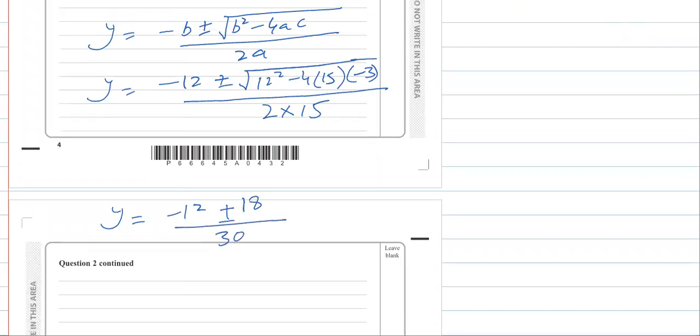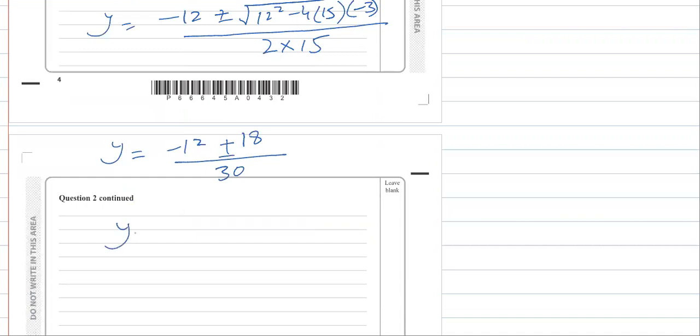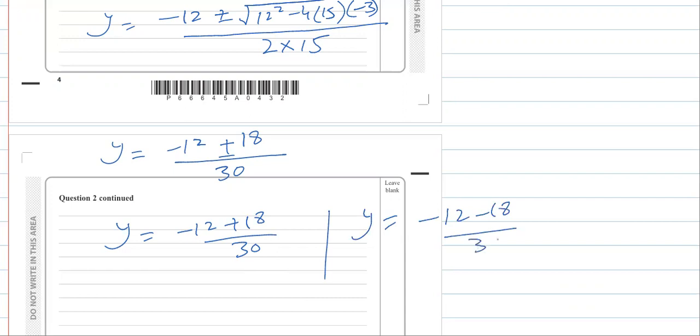So the two values of y that we will get here are, one value is y is equal to minus 12 plus 18 over 30, and the other value of y will be minus 12 minus 18 over 30. So in that case, it will become 6 over 30, which is 1 over 5. And in this case, it will become minus 30 over 30, that is equal to minus 1.